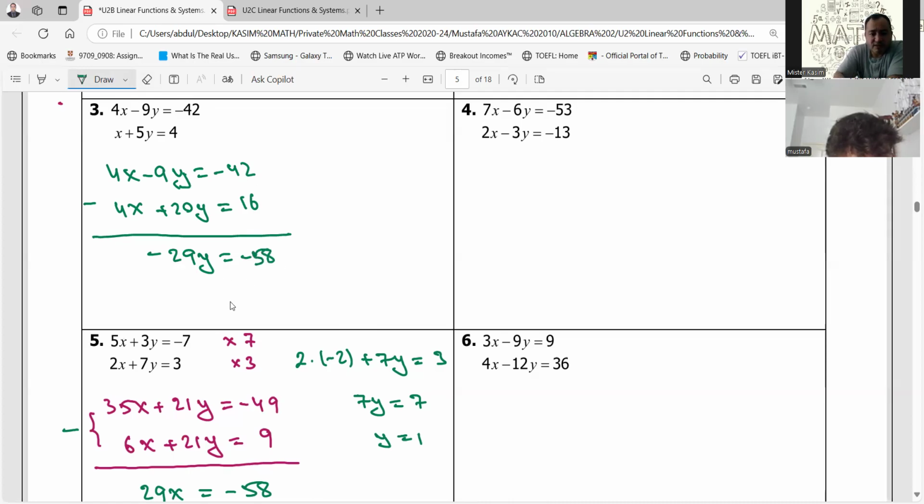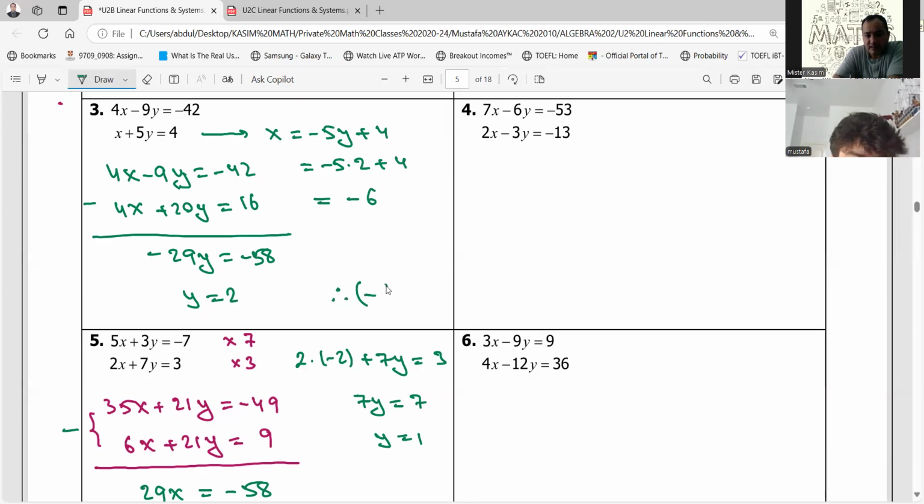Now divide both sides by negative 29. Y is equal to 2. So if y is equal to 2, using this equation, x equals negative 5y plus 4, equals negative 5 times 2 plus 4. Negative 10 plus 4 is negative 6. So the x value is negative 6. The y value is 2.